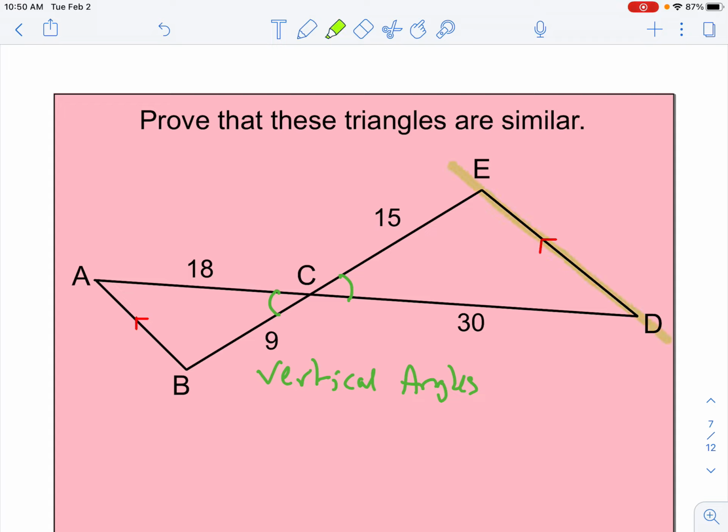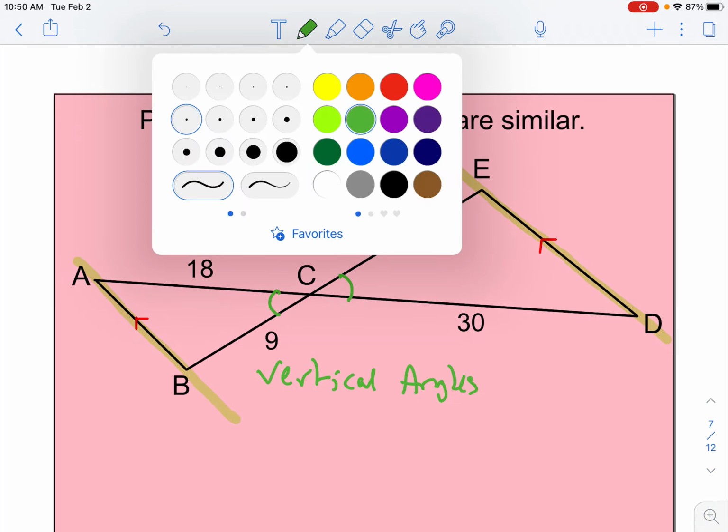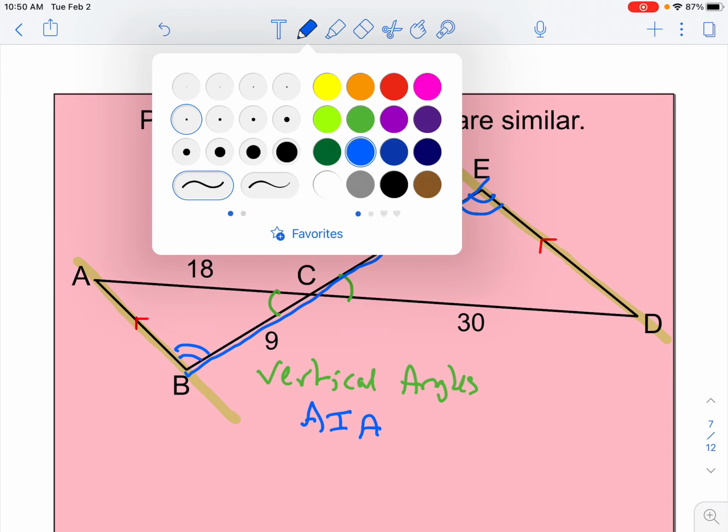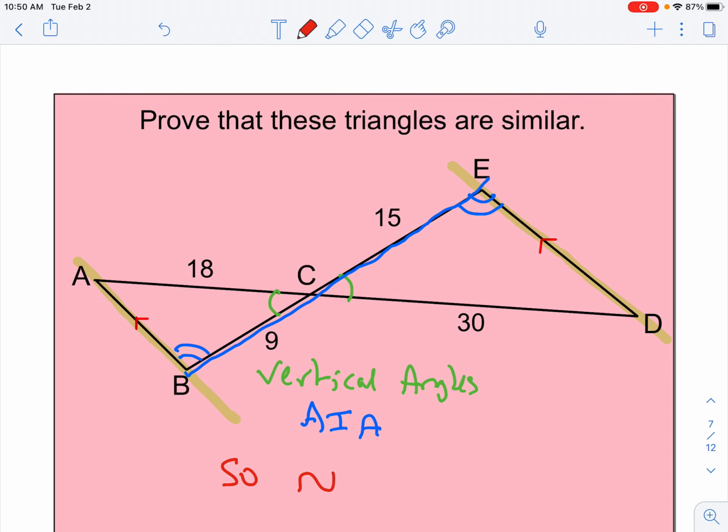But did you notice that you have parallel lines cut by a transversal right here? So alternate interior angles are also congruent. So the two triangles are similar by angle, angle.